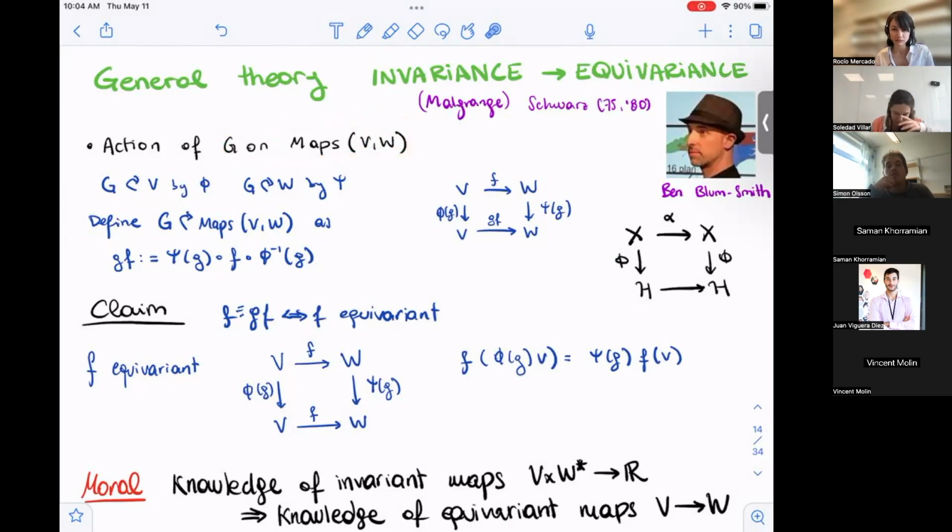So knowing the invariant maps from V times W star to R, this is the dual, but in the case of the orthogonal group we can say that they are the same, gives you knowledge of the equivariant maps from V to W. That's the trick, and the trick is basically by taking the gradient.